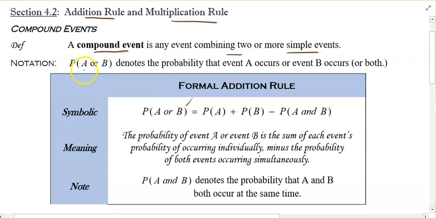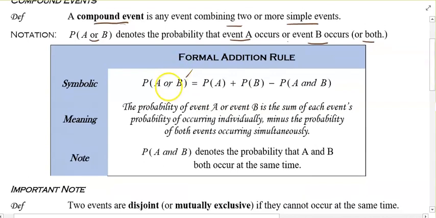Notation: the probability of A or B denotes the probability that event A can occur or event B can occur or both. And the formula for it, probability of A or B, most books denote that by union. You don't have to worry about that in this book.